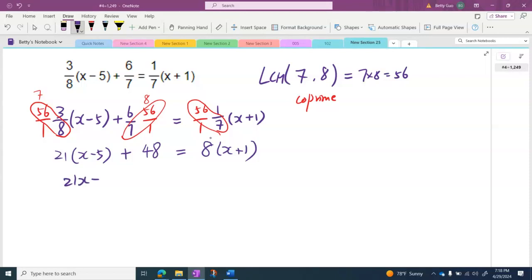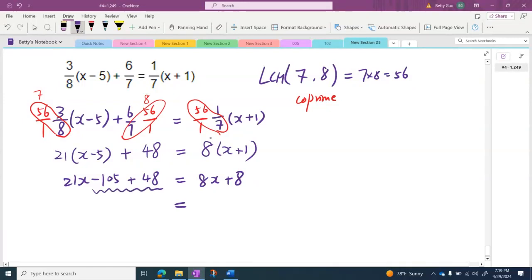21x minus 105. Use calculator. 21x minus 105 plus 48 equals 8 times x, 8x. 8 times 1 is 8. And then left side can be further simplified.